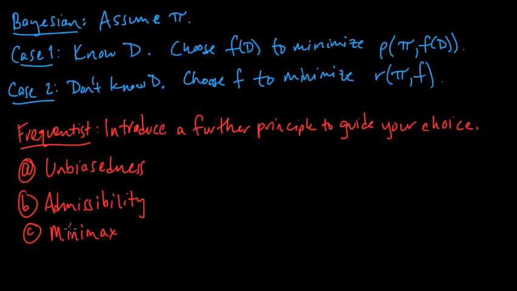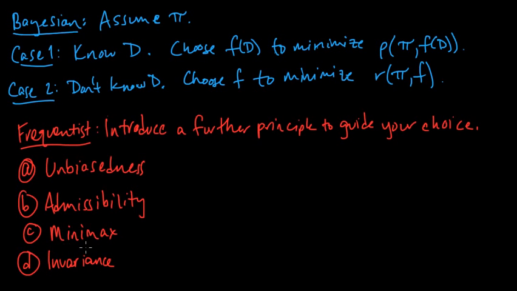Minimax, minimizing the maximum possible risk, is another possibility. And another commonly used principle is trying to find a procedure which has certain invariance properties. And there's a whole world.